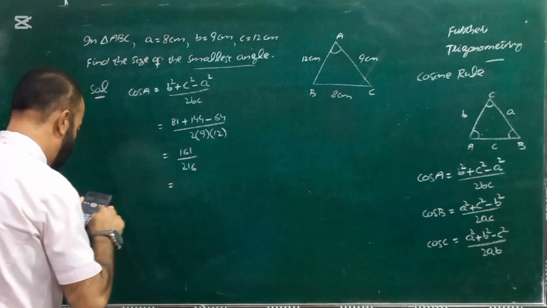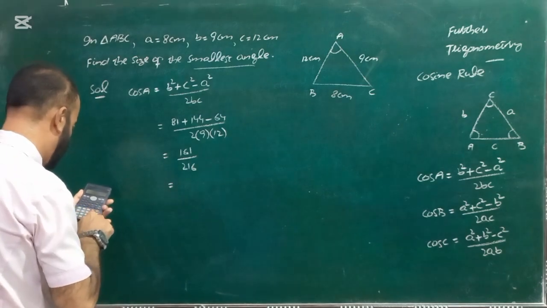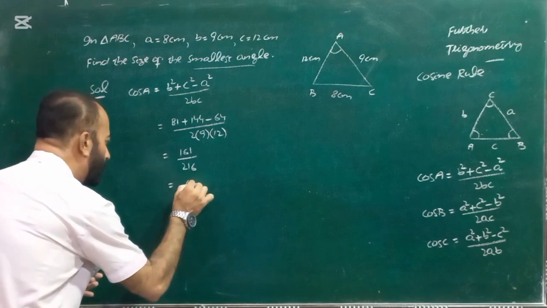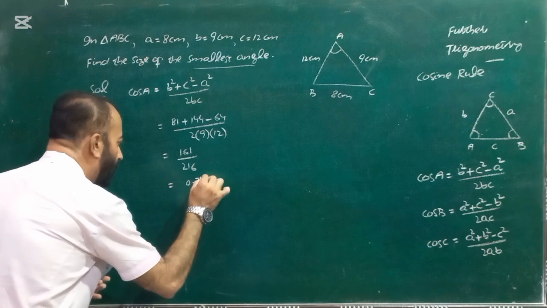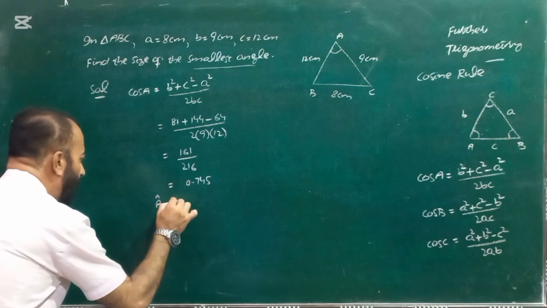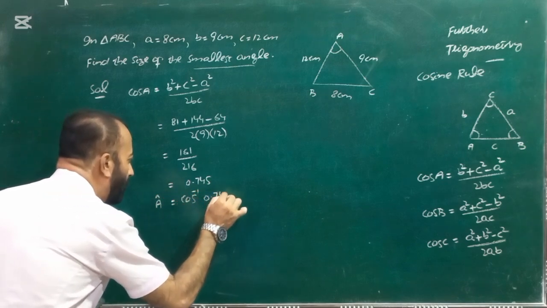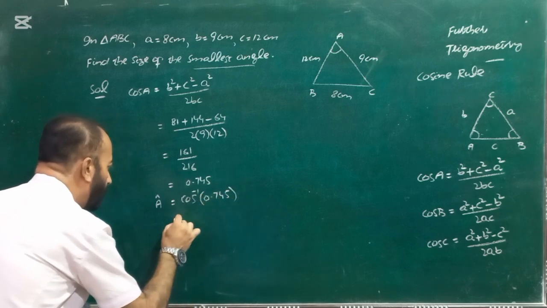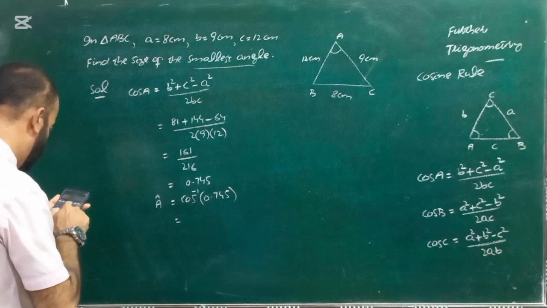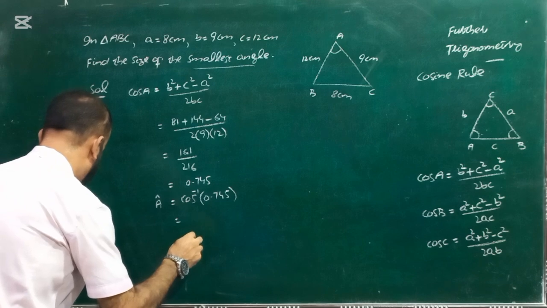So solving it, 161 divided by 216 is 0.745. So we take cos inverse to give you the angle A. So cos inverse 0.745. So shift cos, 41.8 degrees, 41.81.